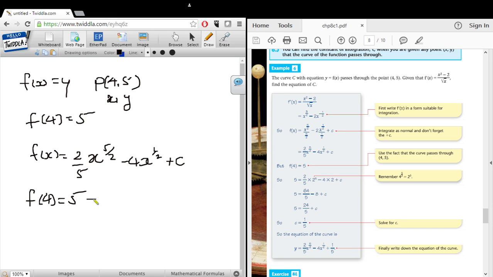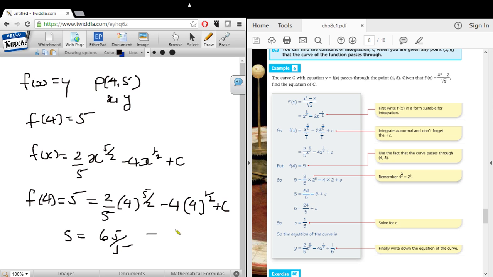Okay, you get 2 over 5, this is 4 to the power of 5 over 2, minus 4, that's 4 to the half plus c. 5 equals, figure this one out, you can see that we have 64 over 5 minus, this is 2, 8 plus c, so we get that c equals 1 over 5.